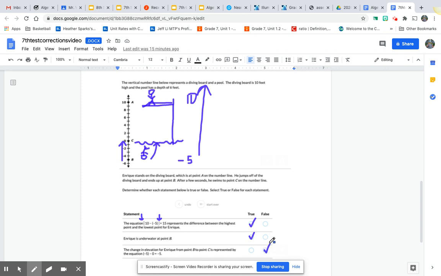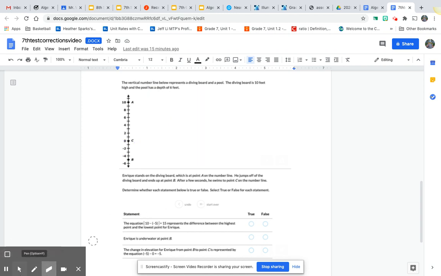No. If he's going up, it's kind of like going right on the number line from before. It should be +5. We should have the absolute value signs to make that true. There's a difference of 5 in his change in elevation.